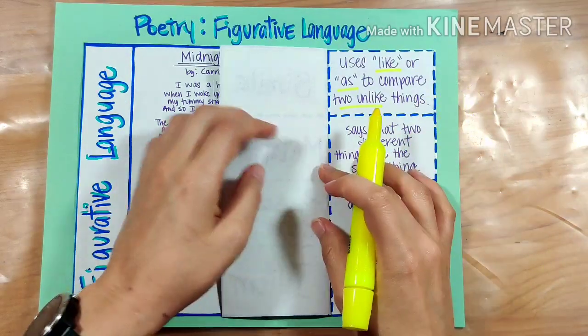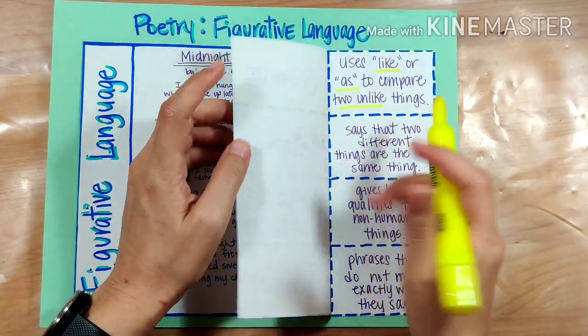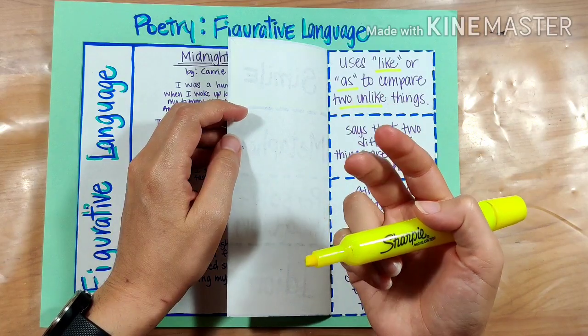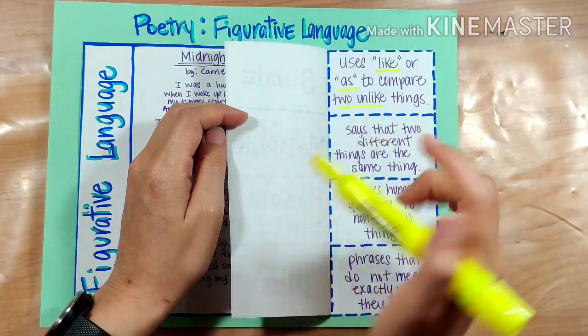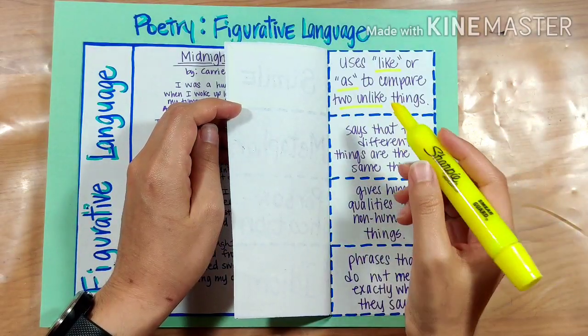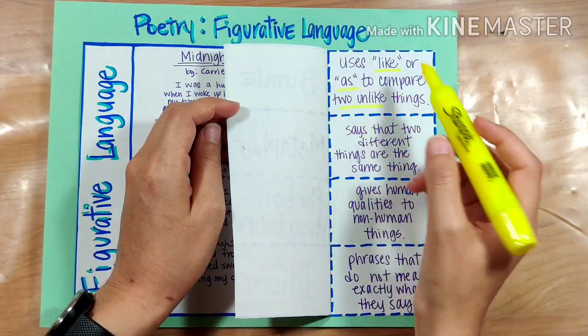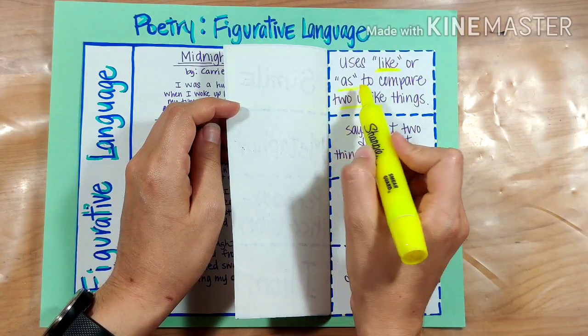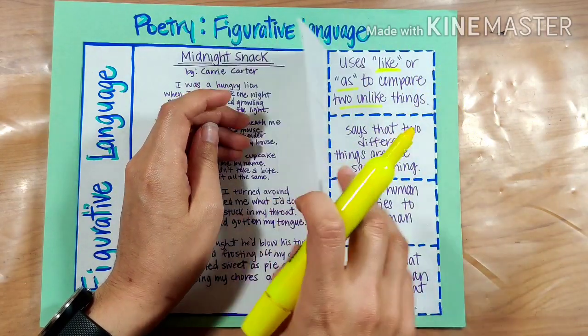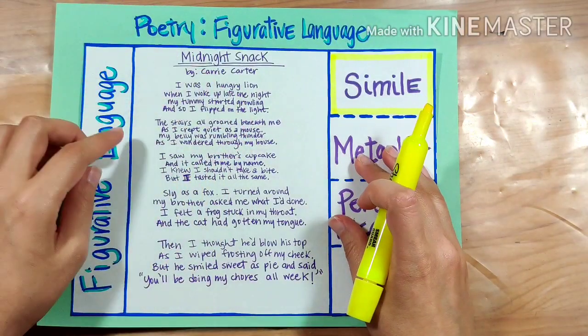Okay, and so we're basically comparing two things, but they are things that are not like each other. So the way that you're always going to know that it is a simile is because you're going to see that it has these two key words, like or as, and we're actually going to look for some in our poem right here.